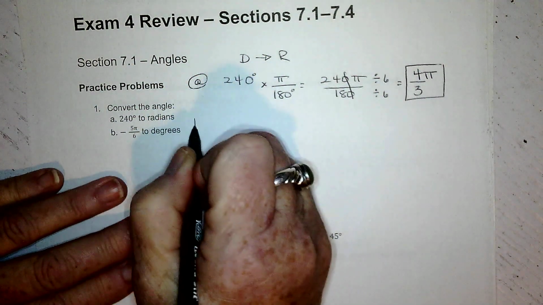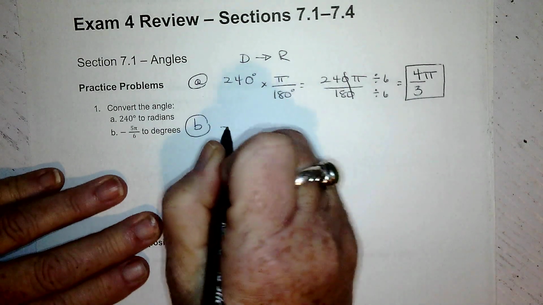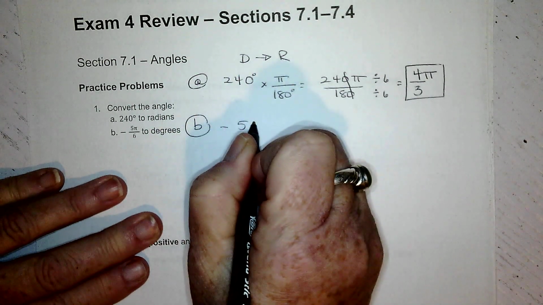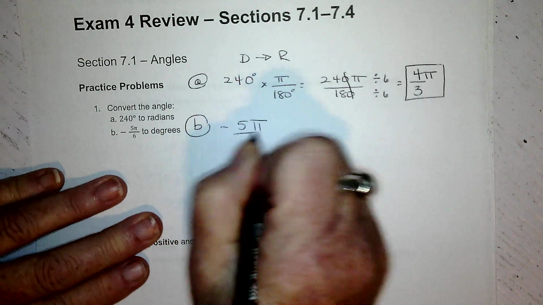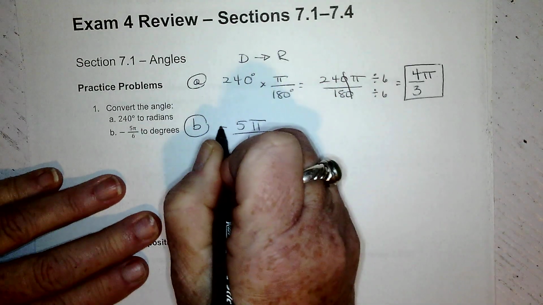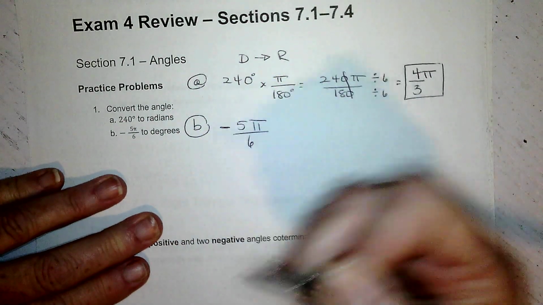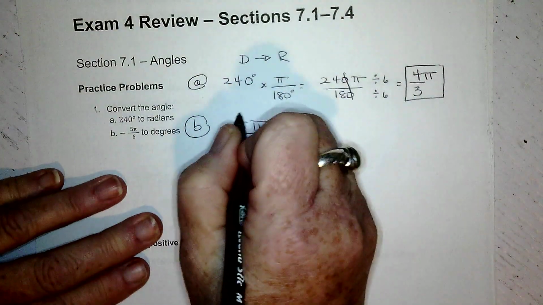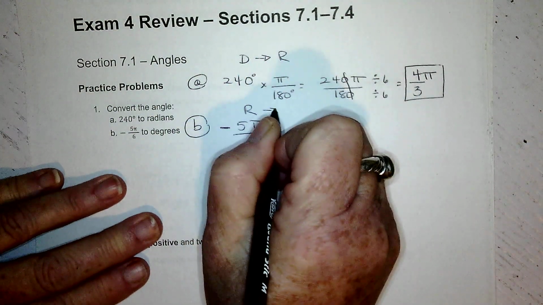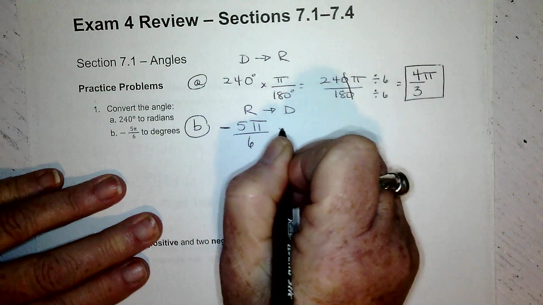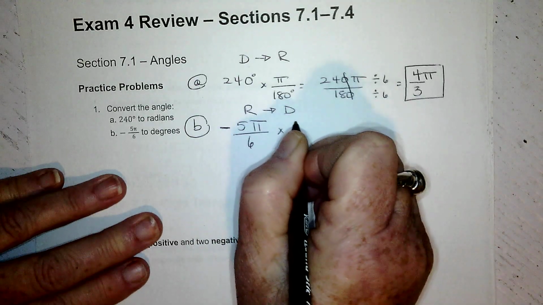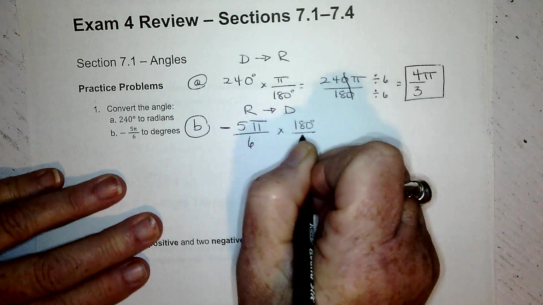The next one is B. Now this one, I showed you a really cool thing that I did, the way I learned this in high school, and that is where the pi symbol is, I just replaced that with 180. But the real concept, if you're going from radians to degrees, is to multiply by 180 degrees over pi.